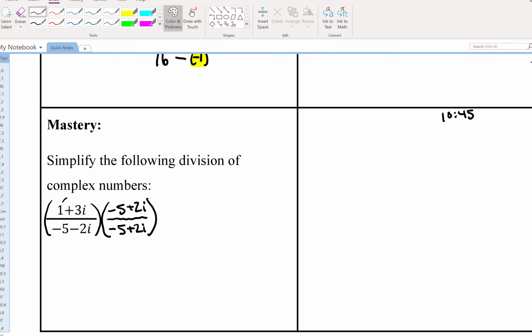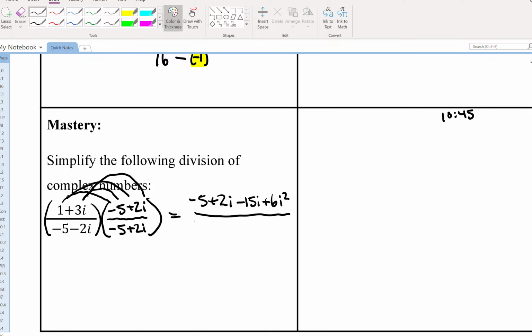And then I'm going to distribute here. 1 times negative 5 plus 2i gives me negative 5 plus 2i. And then 3i times negative 5 is negative 15i. And then 3i times positive 2i, that's 2 times 3 is 6, so this is plus 6i squared.